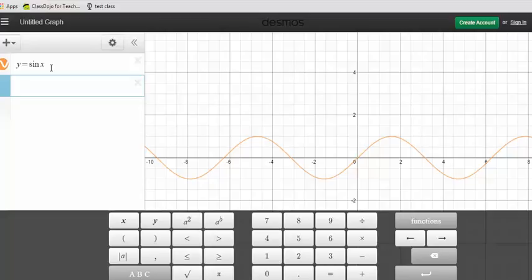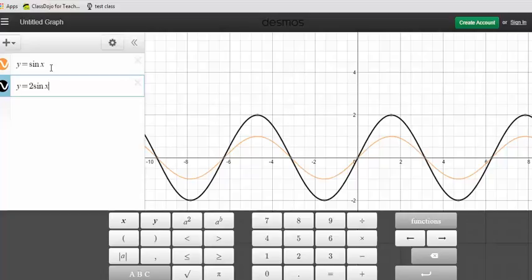Now let's do our dilation by a factor of 2 from the x-axis. There we are. So you can see that we've got y equals 2 sine x. It's a factor of 2 from the x-axis, so we're multiplying each y value by 2. Okay, well that's great.